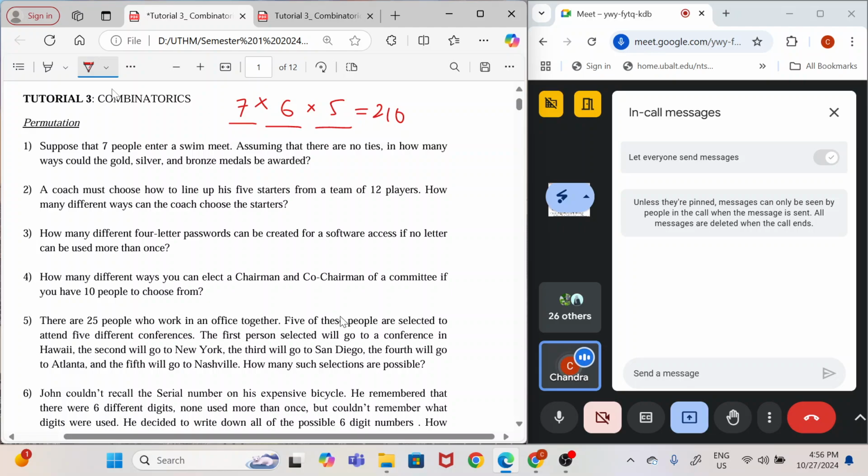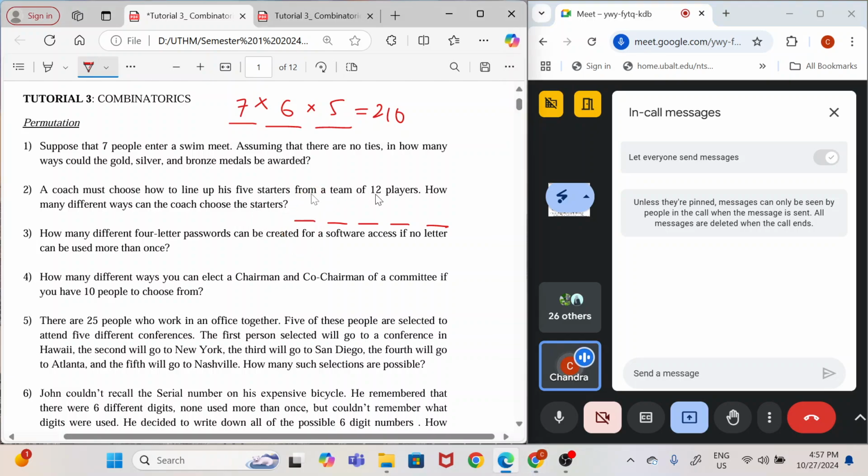A coach must choose how to line up his 5 starters from a team of 12 players. So out of 12 we have to choose 5 players. How many different ways can the coach choose the starters?